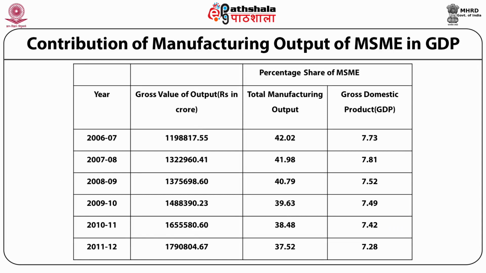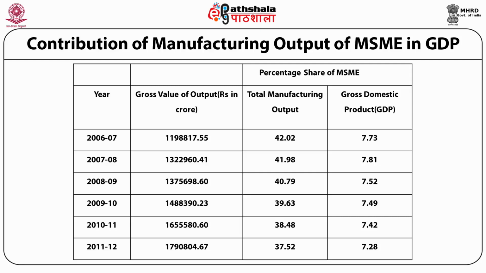So this table explains the contribution of manufacturing output of MSMEs in GDP, from the year 2006-2007 to 2011-2012. It is very clear from the table that the gross value of output, which is given in crores, is increasing continuously. Even the total manufacturing output share that was 42.02% declined to 37.52% in year 11-12.